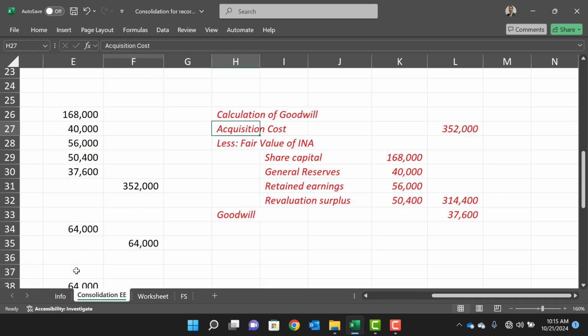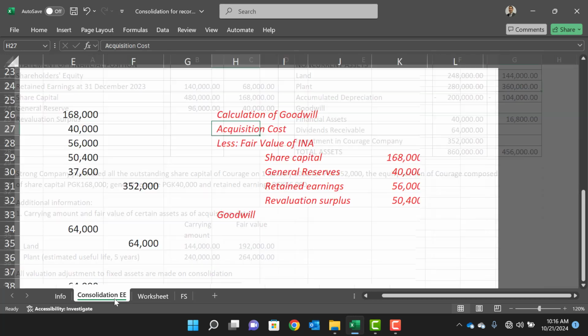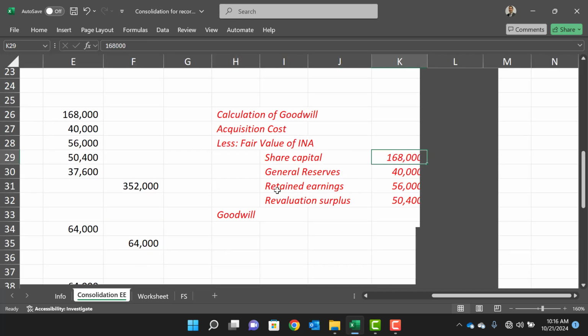In the previous sheet, you have 352,000 kina for your investment, and then you have originally share capital 168,000 kina, general reserves 40,000 kina, and then retained earnings 56,000 kina. So all of those are here.